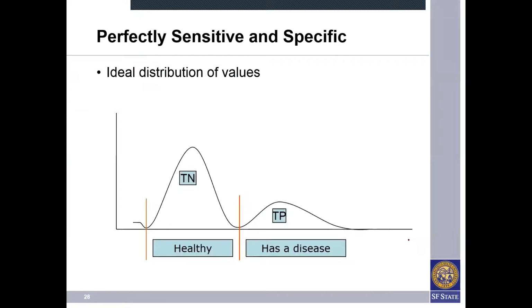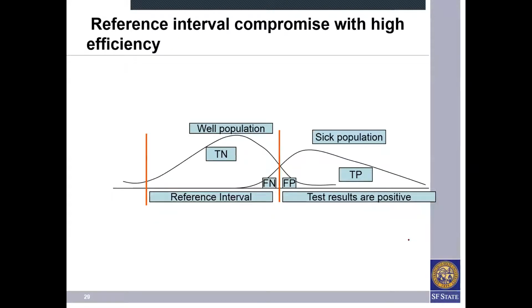So your ideal distribution will look something like this. We have a clear, identifiable cutoff between our healthy and sick population, and our healthy will always get true negatives, and our sick will always get true positives. When this is the reality, we get a reference interval that's drawn somewhere around here, yeah, which will give us a certain number of false negatives.